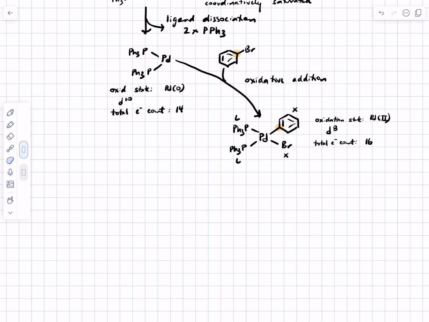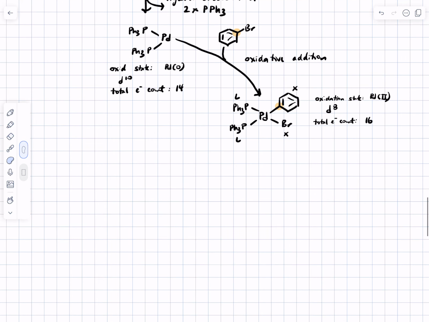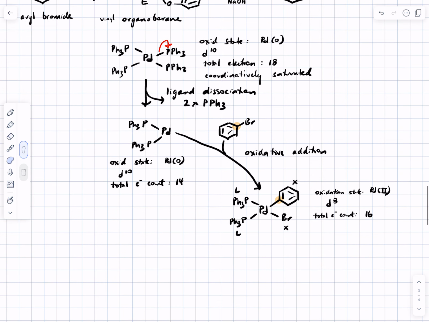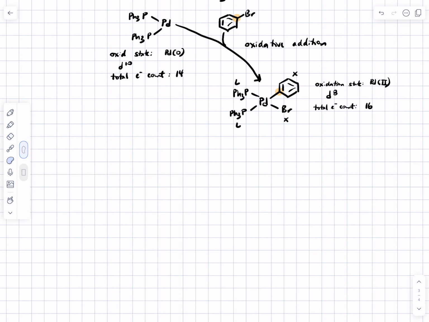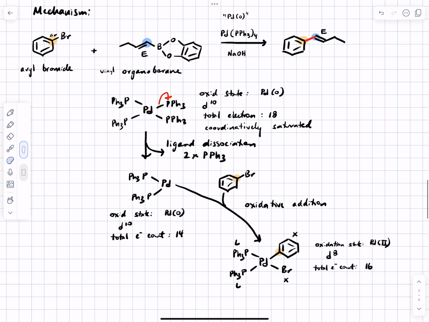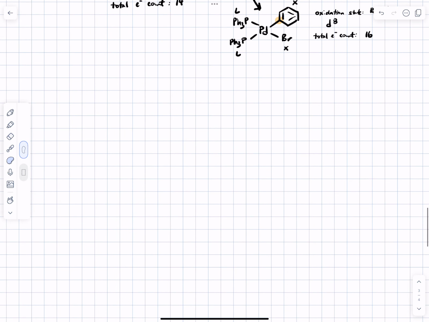The next step involves a step called transmetallation. And this involves the organoborane. So over here in the corner, I'm going to copy the organoborane structure.